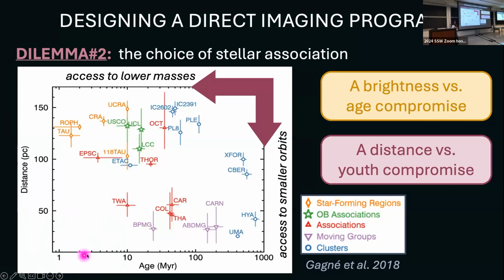We'd want to look at things that are super close to us so that we have the best inner working angle and can look at close-in planets that are also still really young and really bright and easy to detect. But it happens that the very youngest stuff are actually a bit more distant and the closest stuff are a bit older. So maybe your choice is going to be driven by your science case, but either way, you're going to have to make some sort of compromise between your access to lower masses and your access to closer orbital separations.